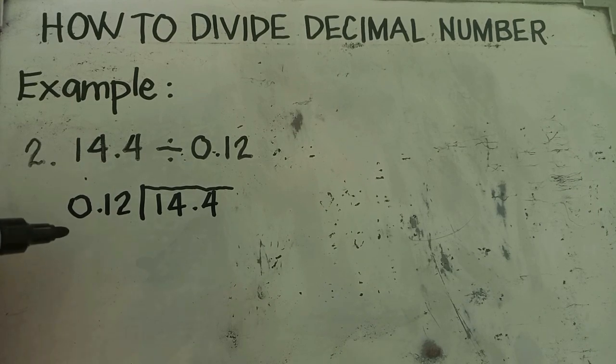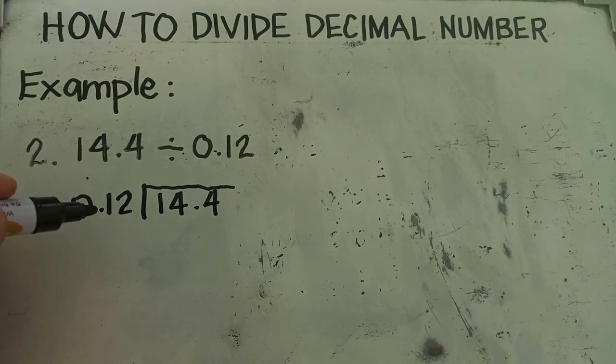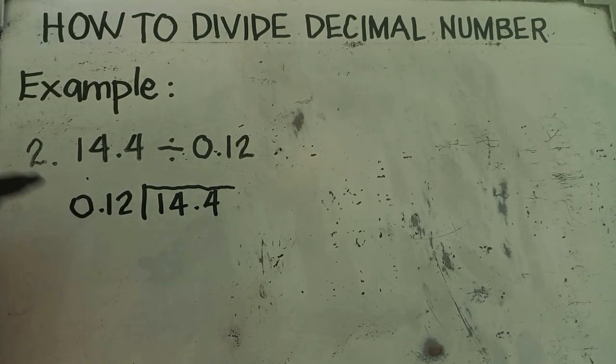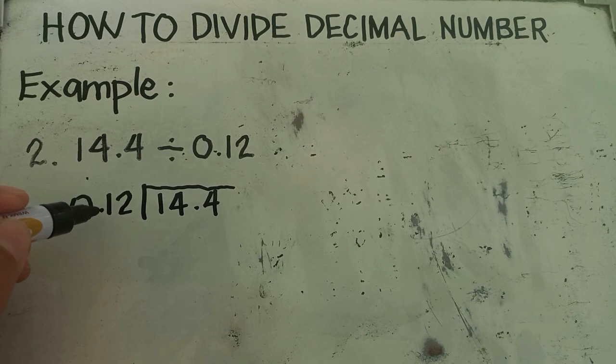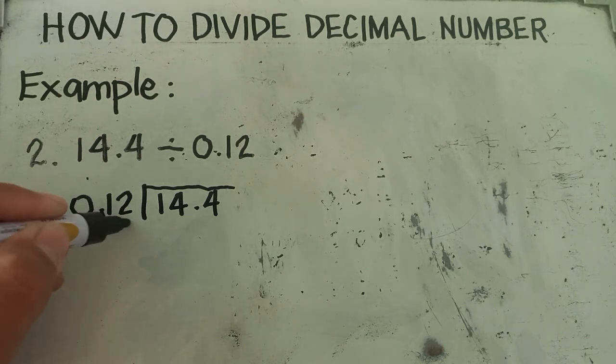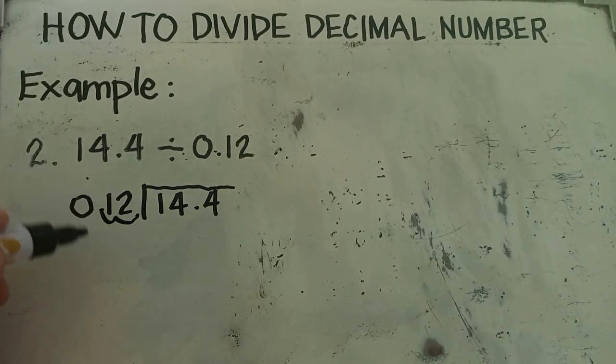So para makapagsimula tayo mag-divide, gawin nating whole number ang ating divisor. So sa paggawa natin ng whole number, we simply move the decimal point from left to right. So we will move twice going to the right, 1 and 2. So mayroon na tayong 12, whole number na.